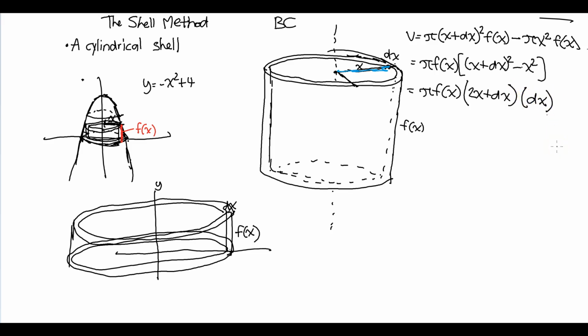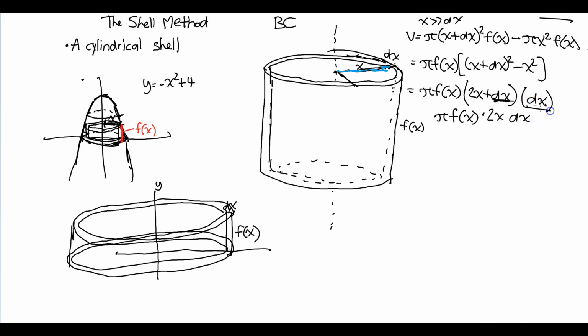Okay, that is our volume of our single cylindrical shell. Okay, and because we're adding an infinitely small length to 2x, and x is so much bigger than dx, we can just write, as dx becomes infinitely small, pi times f of x times 2x dx, okay?